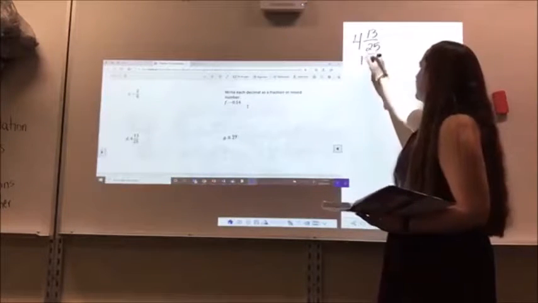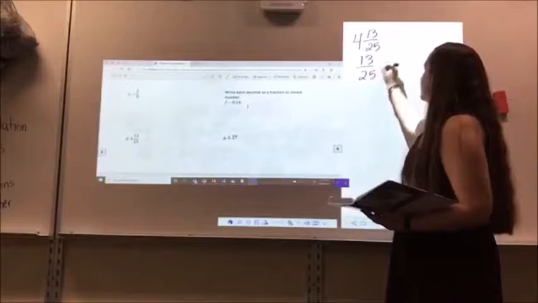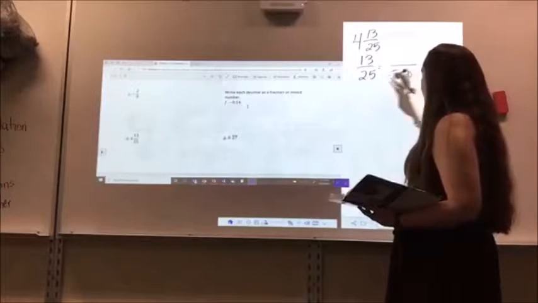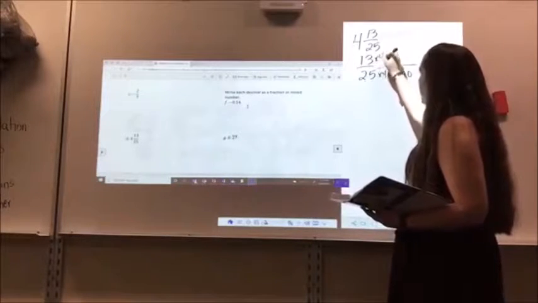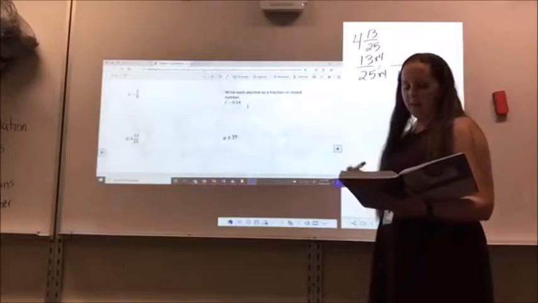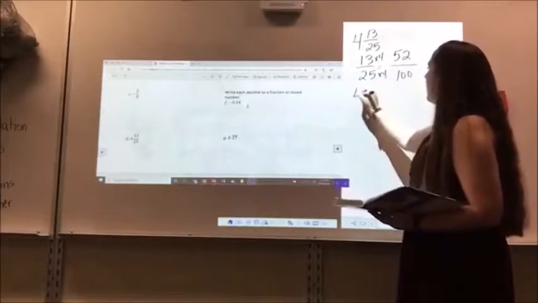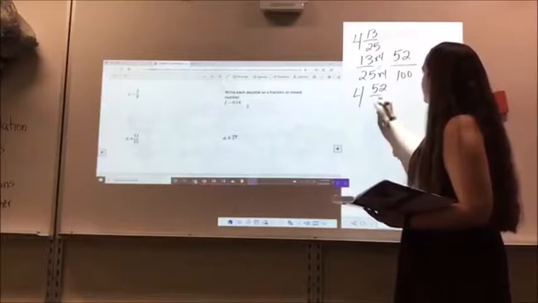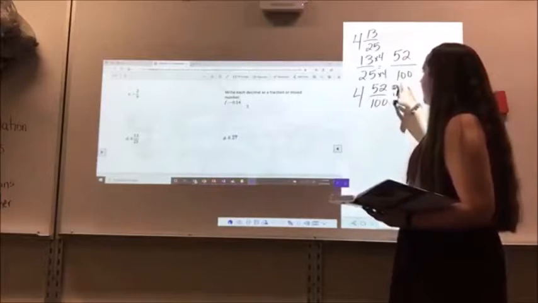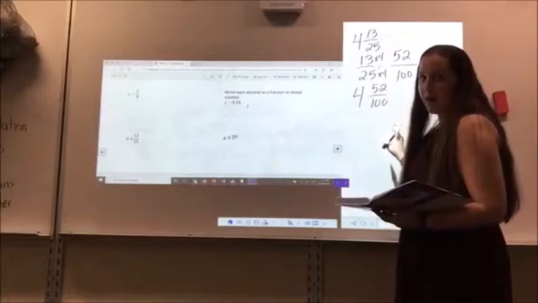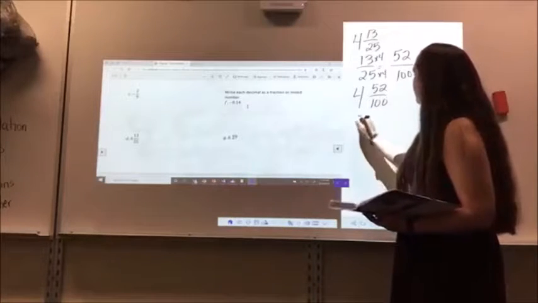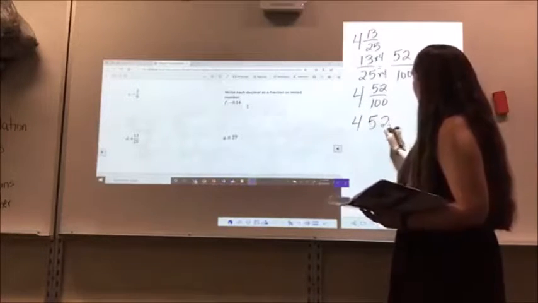So if I do that, I take 13/25. I want to get it to 100, so I multiply both the numerator and denominator by 4. 13 times 4 gives me 52. So now I have 4 and 52 100ths. Okay? This I can just write as a decimal. So I get 4.52.